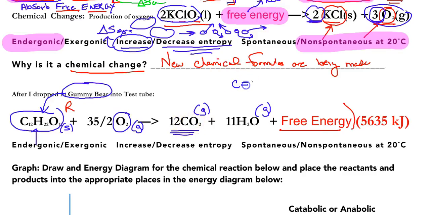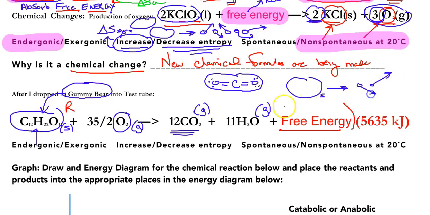CO2 is 1 carbon double bonded to an O on both sides. We'll get to this at some point. But this is a smaller, freer molecule. So we've got a big solid that barely moves, and we're making 12 gas molecules that can fly around. So the delta S of the system, just in terms of the molecules dispersing, is increasing.